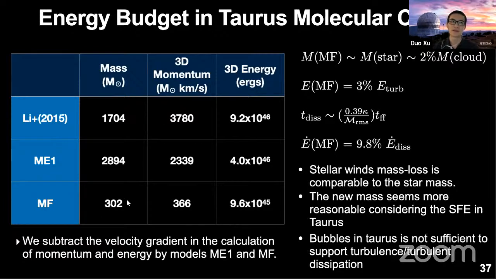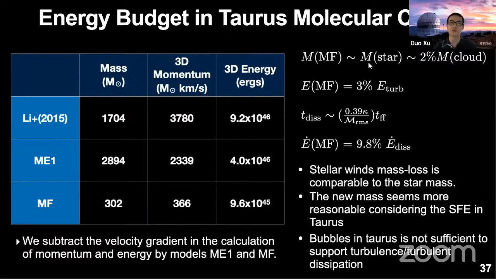This number is roughly 2%, and that is also consistent with the star's mass. The previous estimation indicates almost 10% of the mass comes from feedback, or 10% of the mass is stars. That's too high. Our new estimation is consistent with our intuition, because usually the stellar wind's mass loss is comparable to the central star's mass. And our new mass is reasonable in terms of star formation efficiency and star formation rate in Taurus.